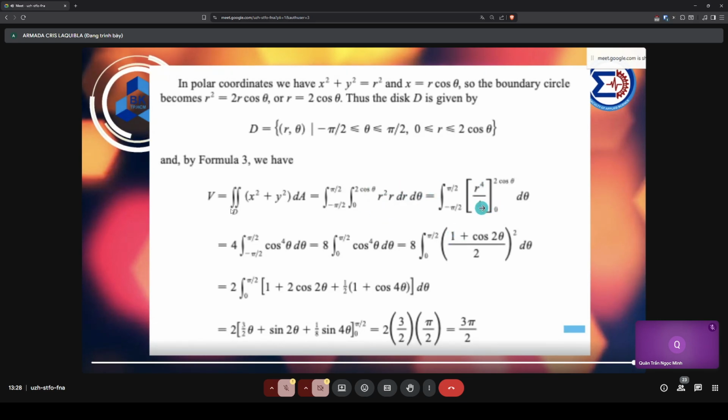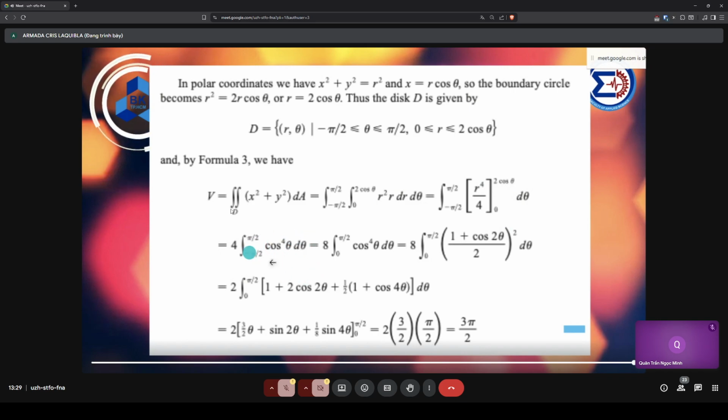So the integral of r cubed is r to the fourth over 4. Integrate this from 0 to 2 cos theta. Now substitute it here. 2 to the fourth is 16, divided by 4 is 4. That is why there's a 4 here outside. Then the cos theta, you raise it to 4 also. So that's cos to the fourth theta d theta.